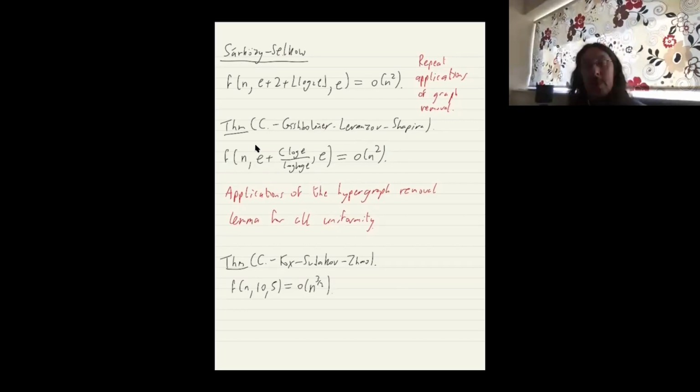Just floating there like that doesn't look so interesting, so I want to try and justify why this is an interesting result. What I'm going to do is rephrase it in a different form that makes it look more interesting.